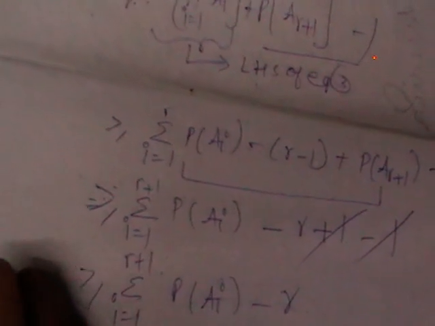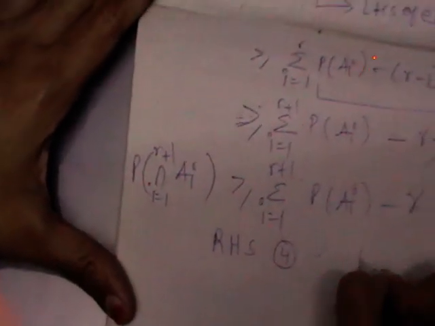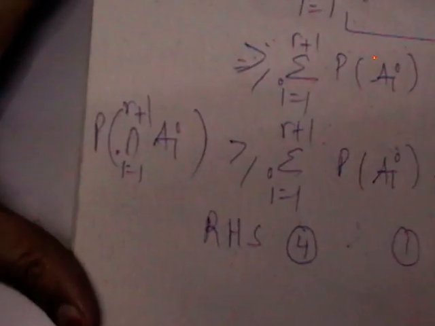So we got this, which is nothing but the RHS of equation number 4. So we can say that 1 is true at n is equal to r plus 1.